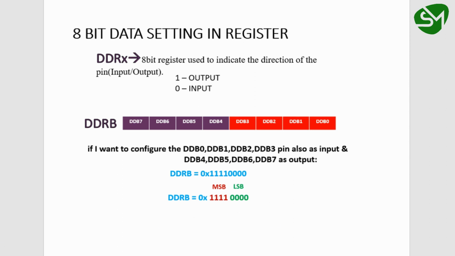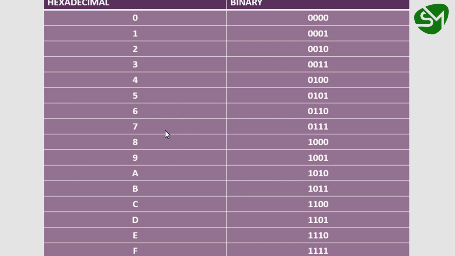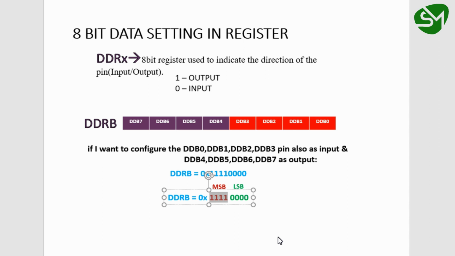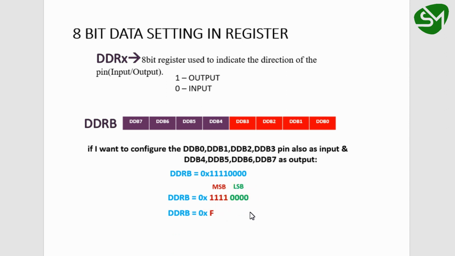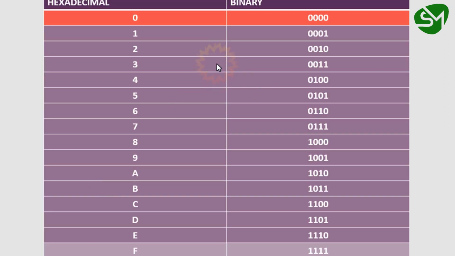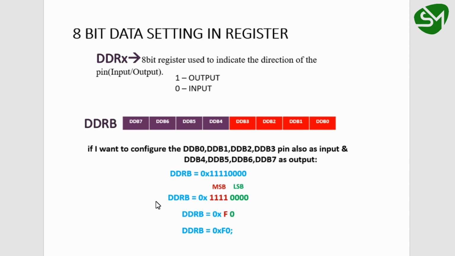And then you can see this is the table for converting binary data into equivalent hexadecimal. So this 1111 in binary is represented as F in hexadecimal, and this 0000 is represented as 0. So I can write DDRB equal to 0xF0. I can write this hexadecimal value instead of that 8-bit binary data to the DDRB register.